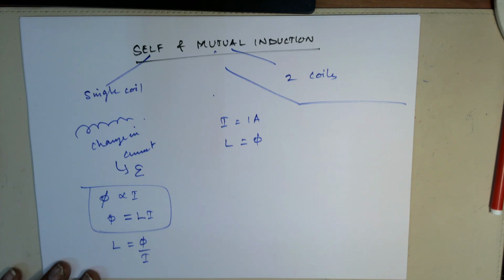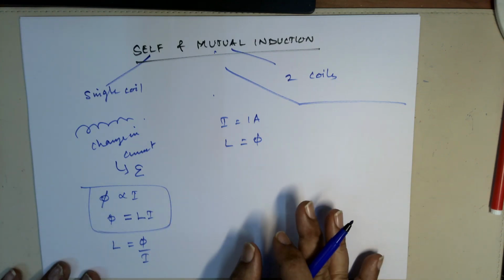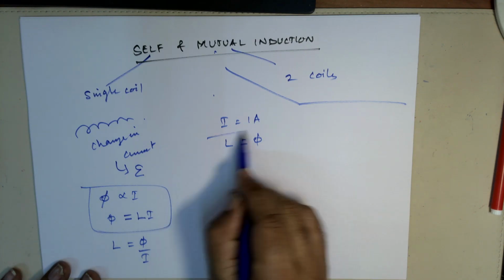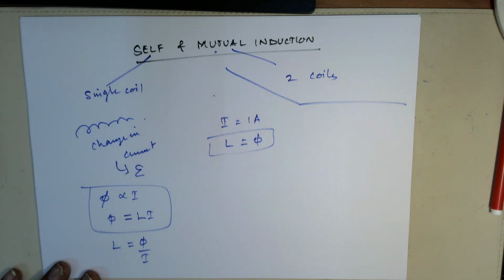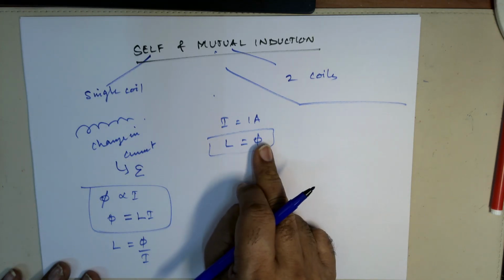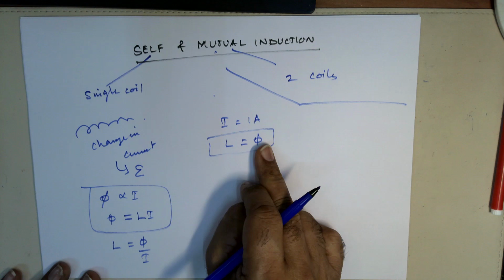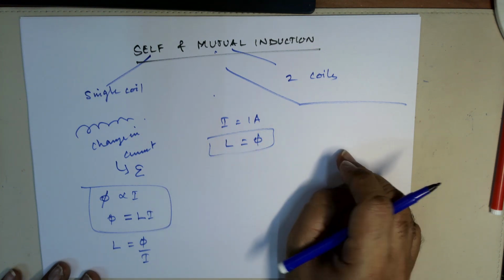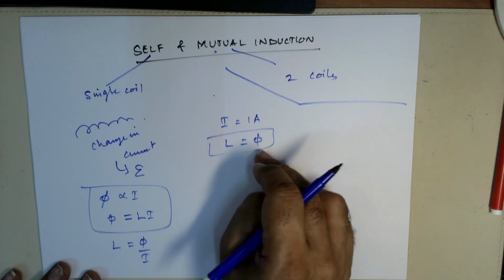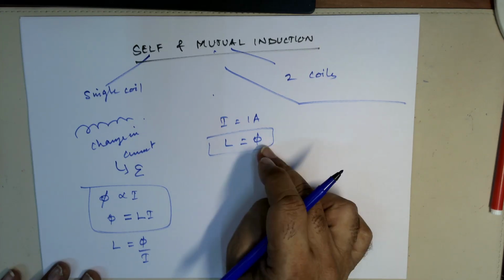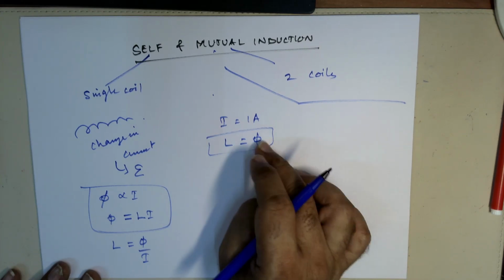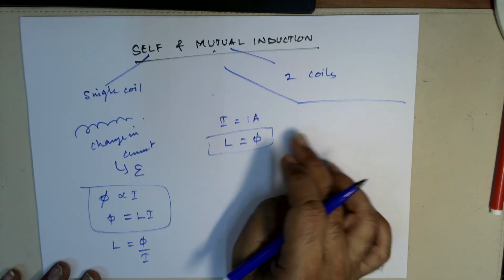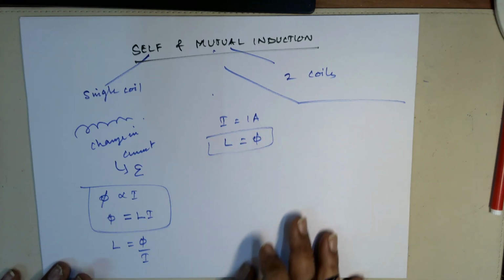So it means the self-inductance is equal to the flux linked with the coil when 1 ampere is passed through it. So how to define this L? It is the flux linked with the coil when 1 ampere current is passed through it. That is called L.